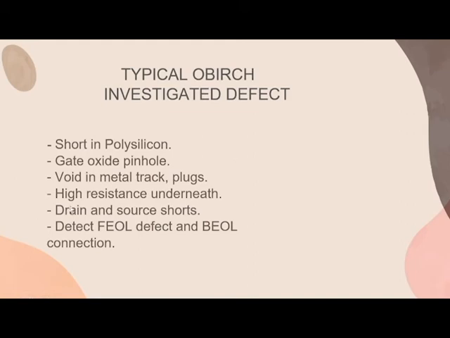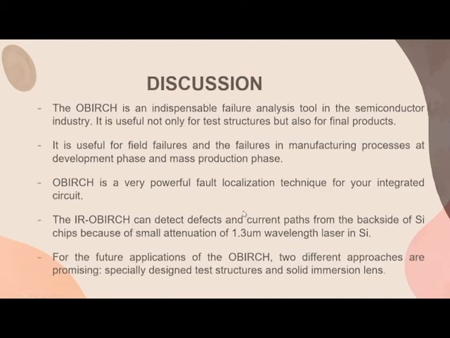It can also detect shorts and defects in FEOL and BEOL connections. FEOL is front end of line, and BEOL is back end of line. One type of OBIRCH is IR OBIRCH, which is infrared OBIRCH.